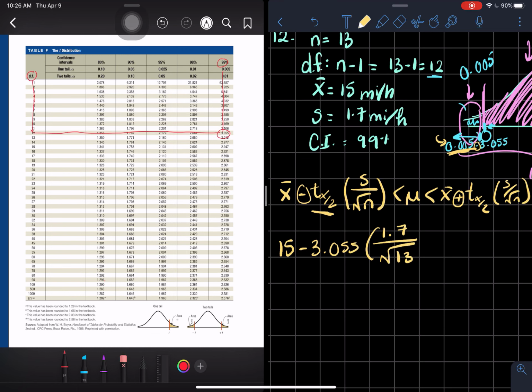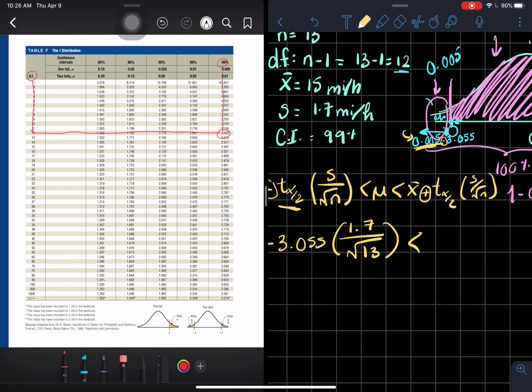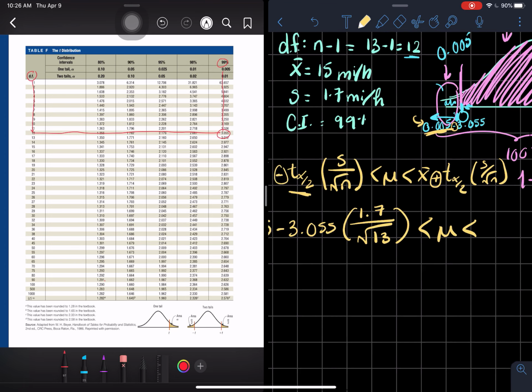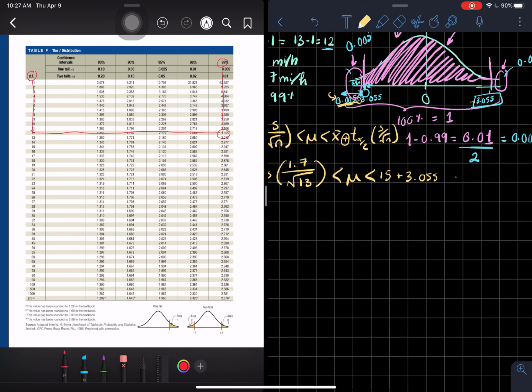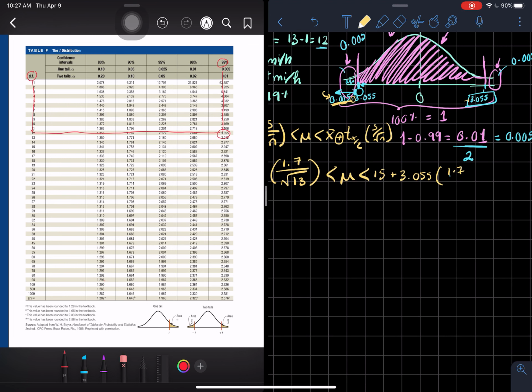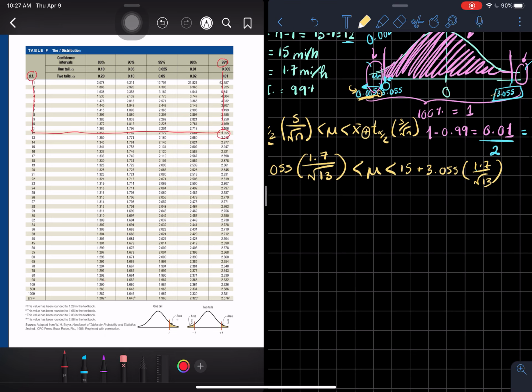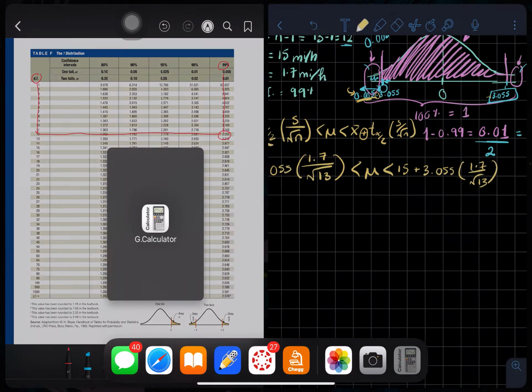Again, not 12, because 12 is the degrees of freedom and not my n. And then my mu, same thing goes here. It's going to be my x bar 15, this time plus 3.055 times 1.7 divided by the square root of 13. Okay, now let's just use the handy calculator.